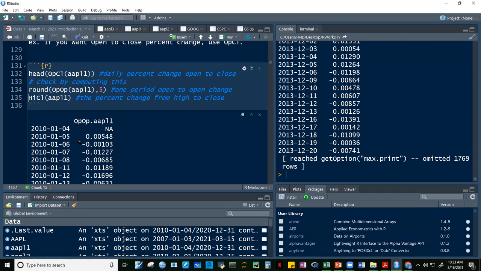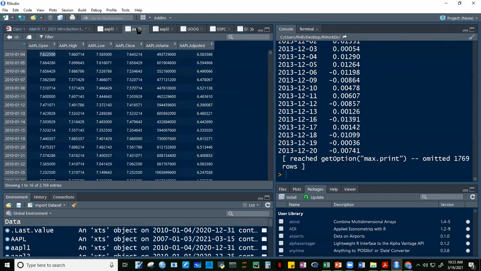This January 5, how did we get this? Open, open, right? Let's go here. So how is it, guys?